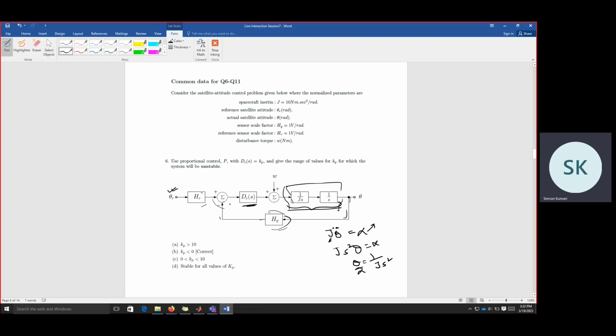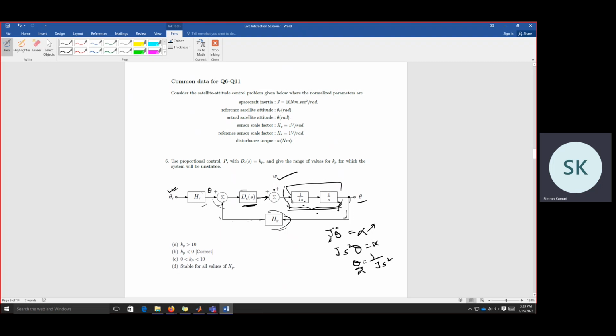So there is this error between the reference and theta m, the feedback term. This error is going through the controller, and this is driving the plant. Now apart from this controller effect, we have the effect of disturbance W acting on the system. So this will also have an effect on the output theta.